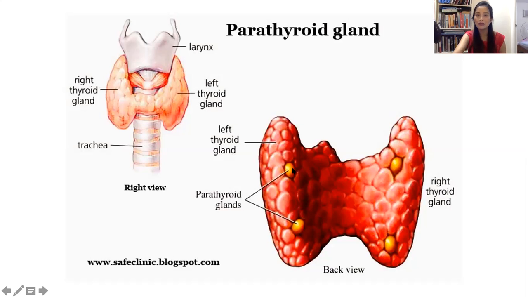Because if the surgeon inadvertently removes the parathyroid gland, then the patient will have no more sources of parathyroid hormone, and later you'll understand why.